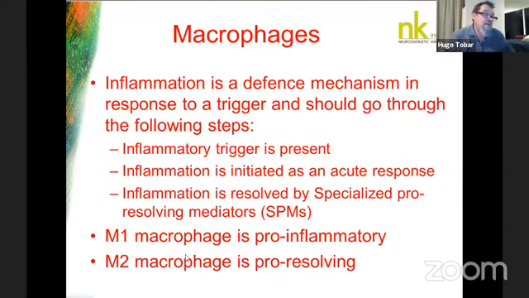And the M2, so the same macrophage, when it switches to the M2 phase, it actually produces different hormones, which are called the pro-resolving hormones, which are involved with the resolution of inflammation.